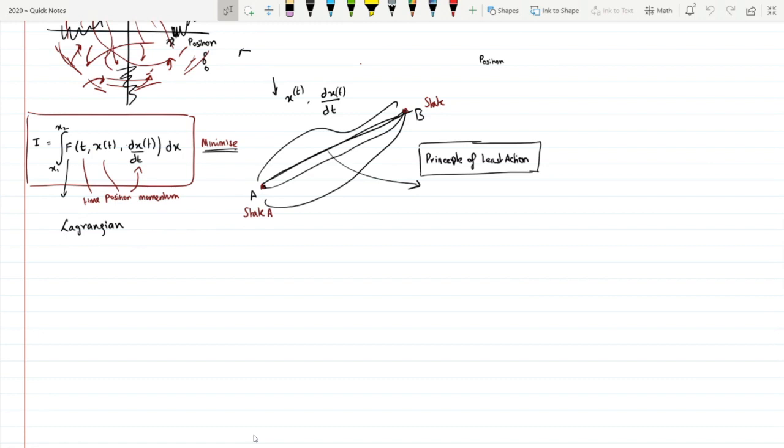Okay, so here's what we're going to do. We're going to start by saying that we have, in phase space, a point. Remember, it's a function of time. So we have two points, t1 and t2. And we're going to start by assuming that we have some function that takes us between t1 and t2. We're going to call this the original function.